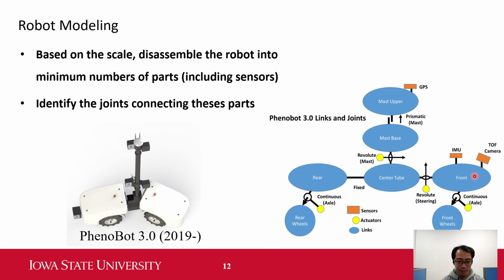Front wheels are connected to the front part through a continuous joint, and also for the rear part. On the center tube connected to the rear part, we have a revolute joint controlling the mast balancing, which balances that mast. And the mast has a prismatic joint for mast telescoping.